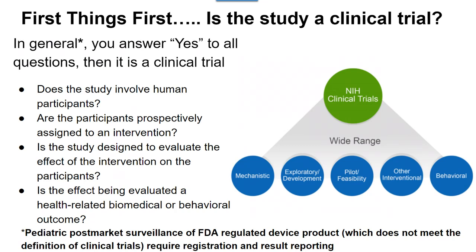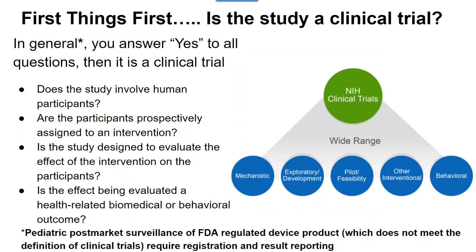Their definition also includes mechanistic trials. Those are considered early translational studies. So say you give metformin to everyone and then assess insulin sensitivity. That is considered a clinical trial per NIH definition.